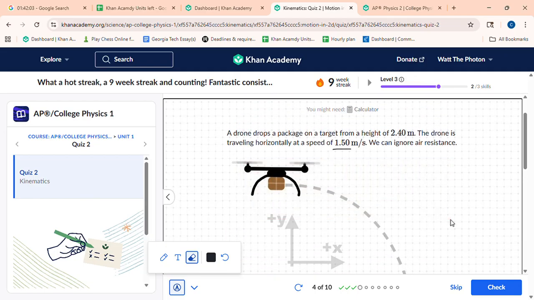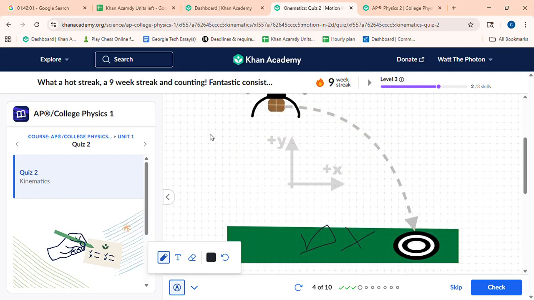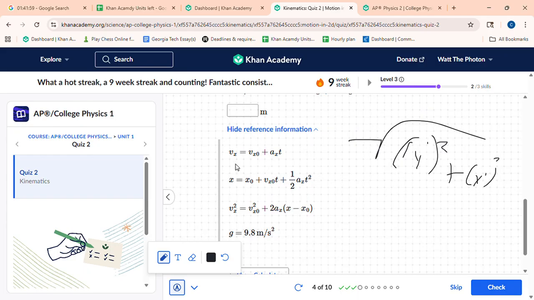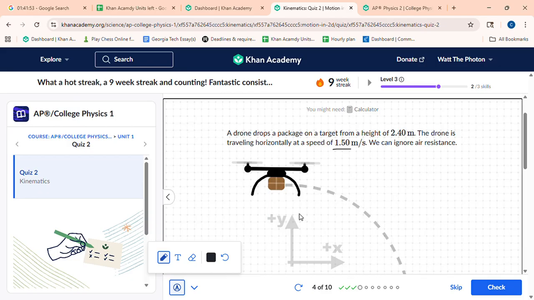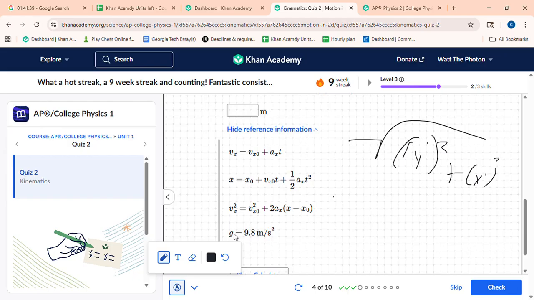Okay, so first we're going to find time. We have delta y equal to 2.4, acceleration is 9.8, and v naught is 0. We find time.